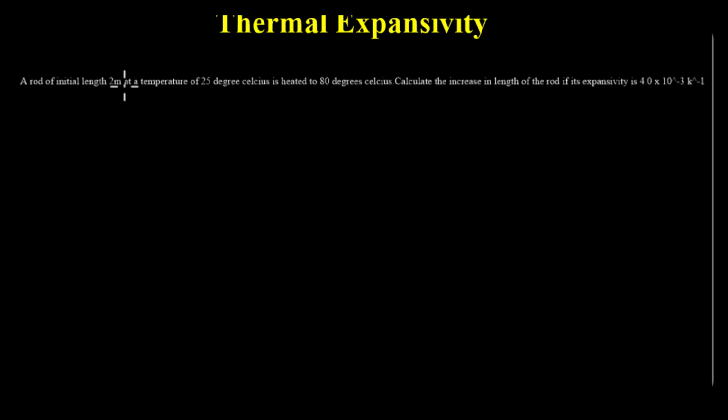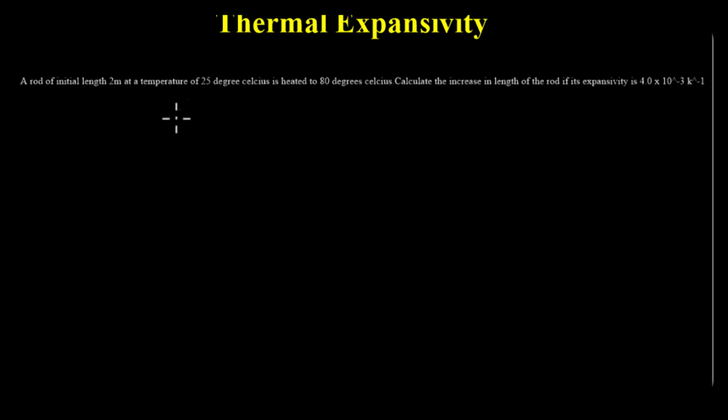All right, so for our first question, we're told that a rod of initial length 2 meters at a temperature of 25 degrees Celsius is heated to 80 degrees Celsius. Calculate the increase in length of the rod if its expansivity is 4.0 times 10 to the power of minus 3 per Kelvin. The first thing we want to do is to note what we are given.